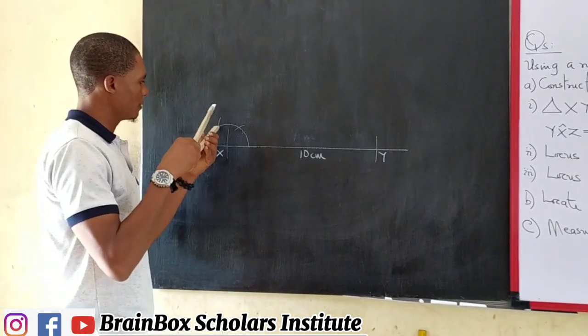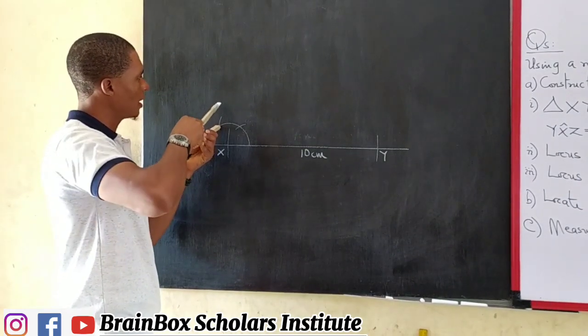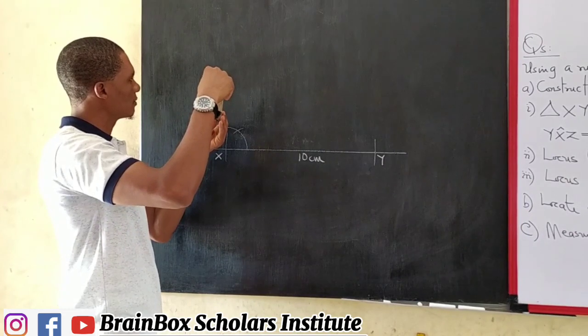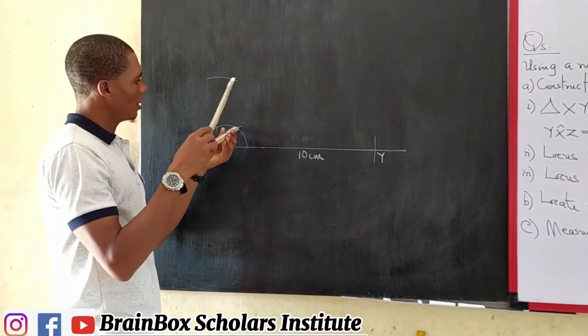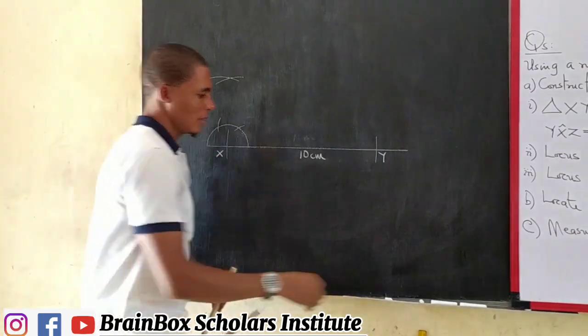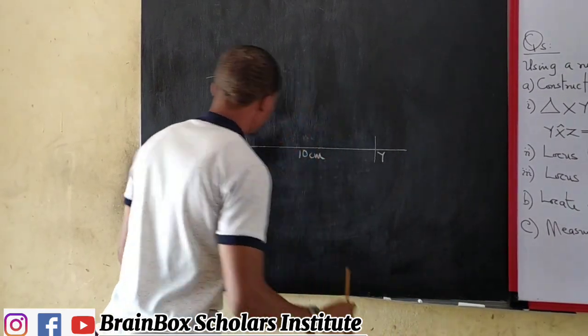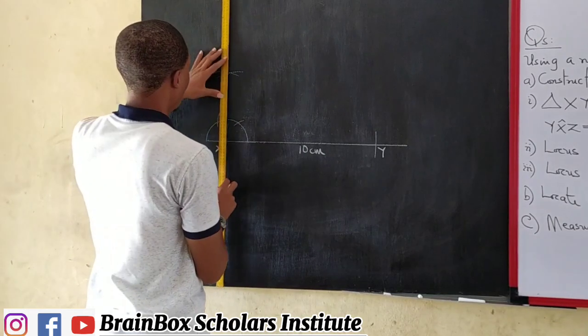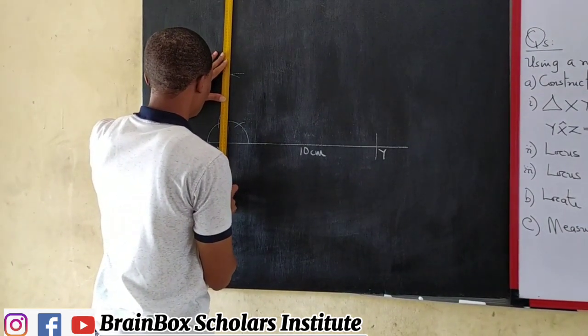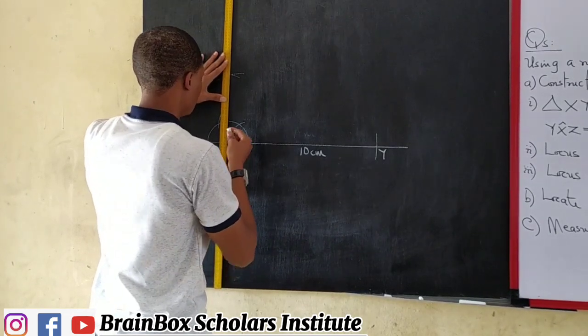So I'll come here, place it here, extend, and just make an arc. Then I'll come here and make an arc. And I will draw my 90 degrees. Whichever way you want, you can get 90 degrees.